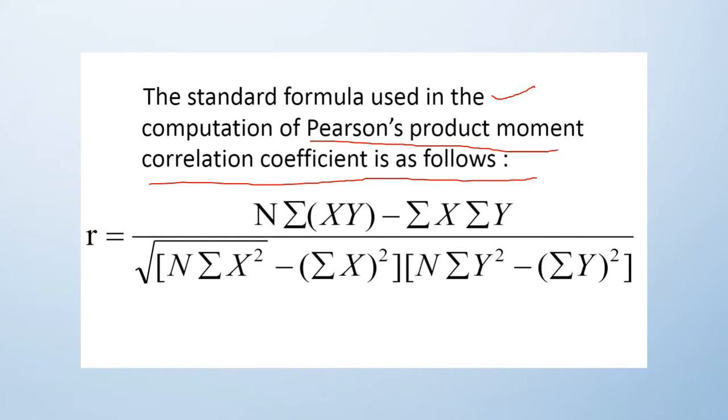Small r is equal to n summation xy minus summation x summation y, upon the square root of the bracket n summation x squared minus bracket summation x whole squared, times the bracket n summation y squared minus bracket summation y whole squared.